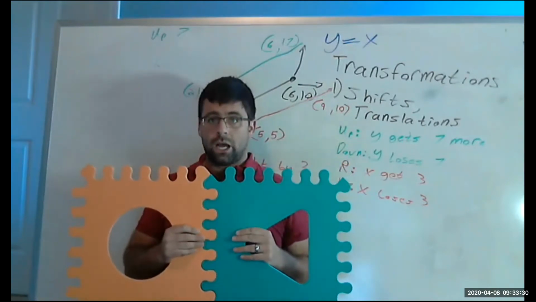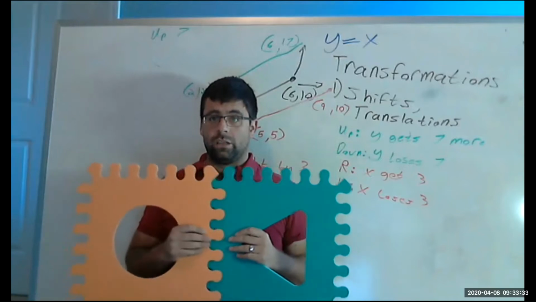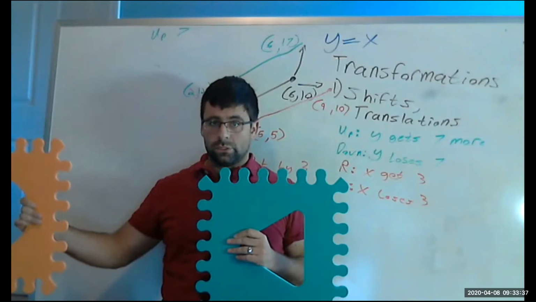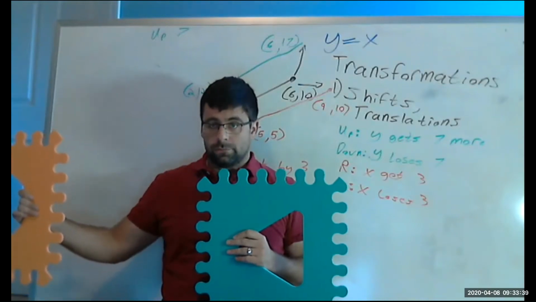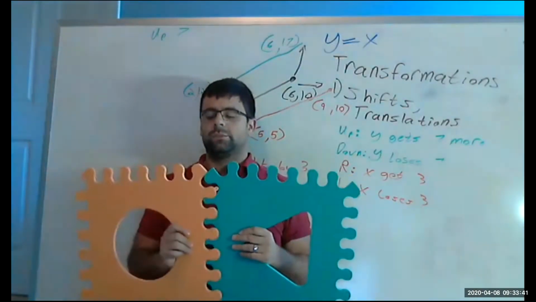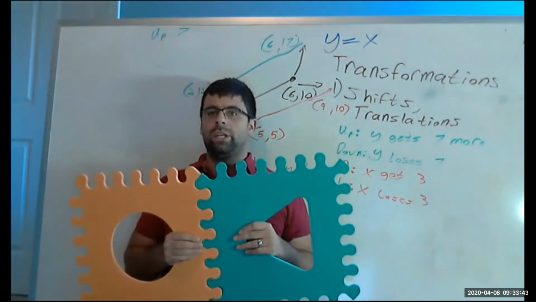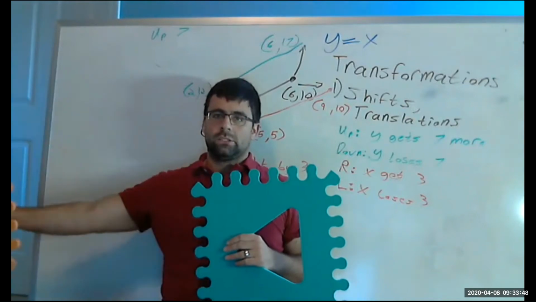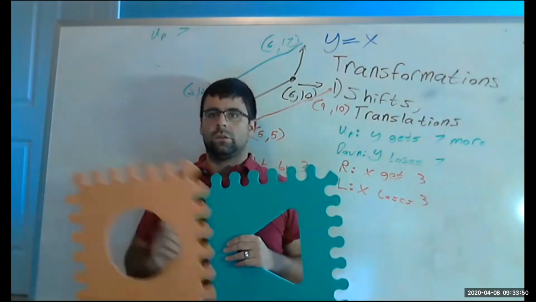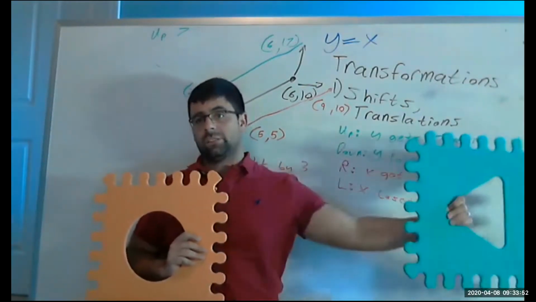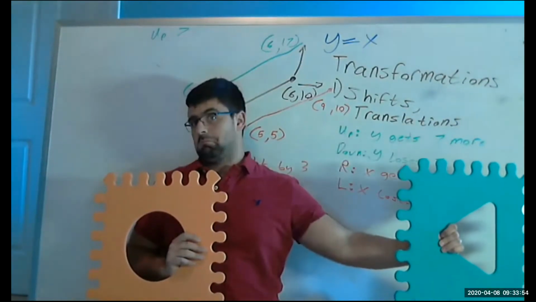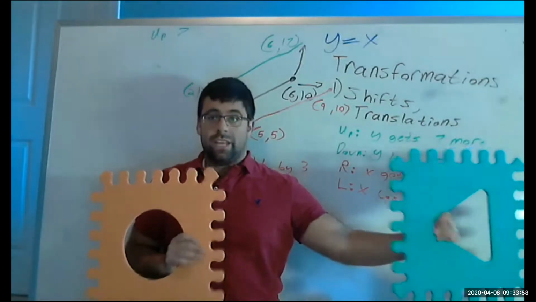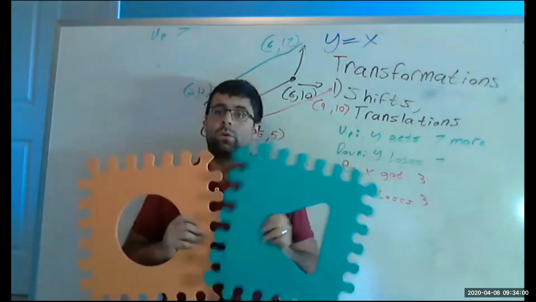Like me, I'm not moving. So you know that if they start like this and they end like this, the orange one moved because I didn't move. So you have a context clue. But the point is, you could move this one to the right or this one to the left. And it would be correct because now they're this far apart when they were this far apart.